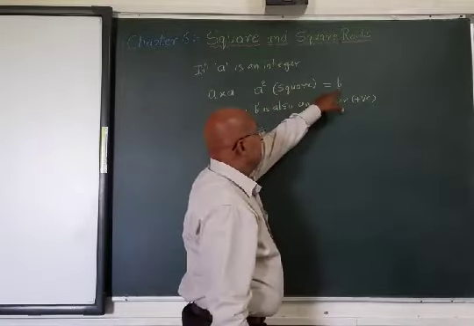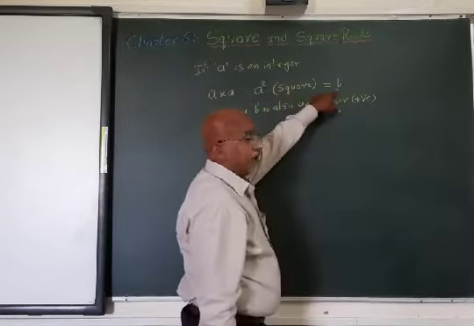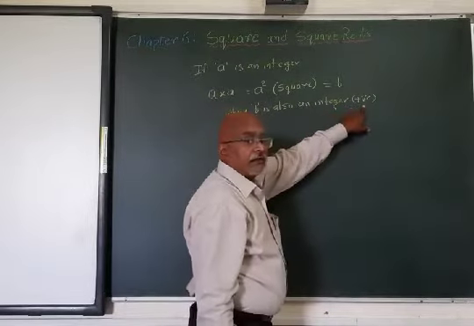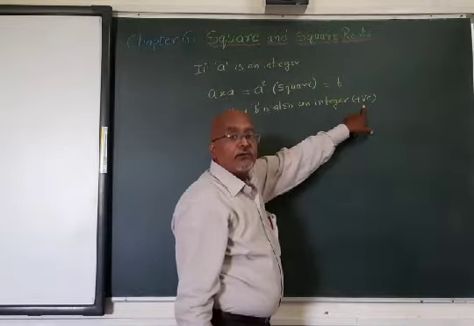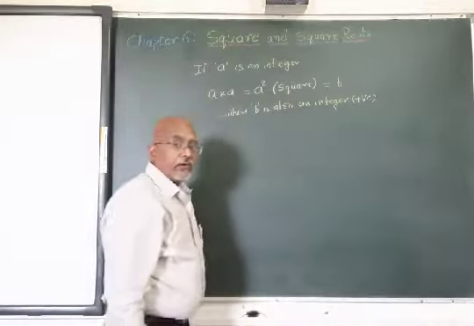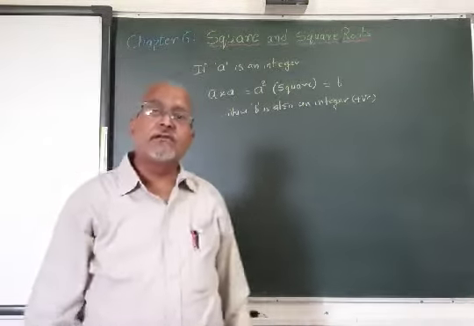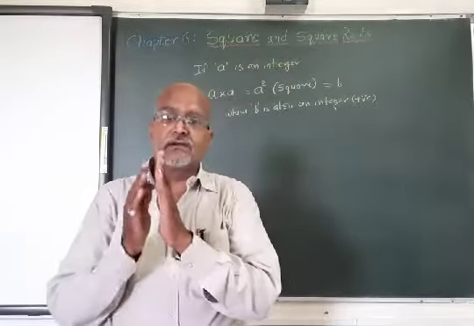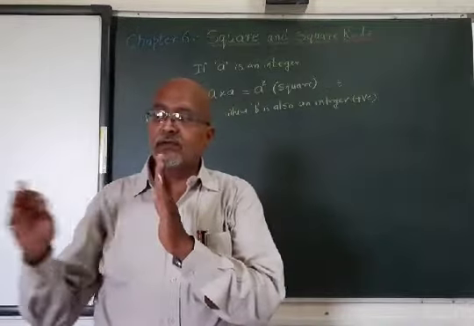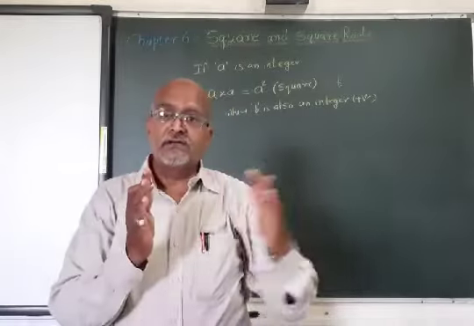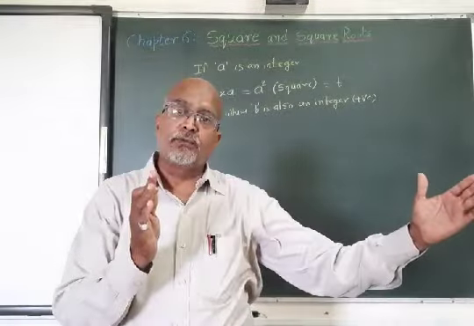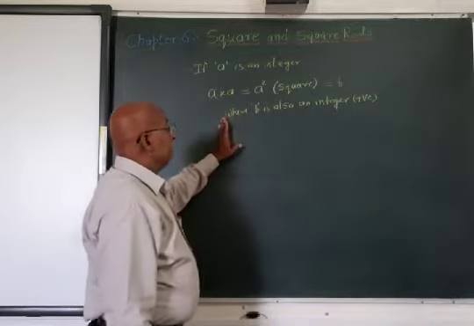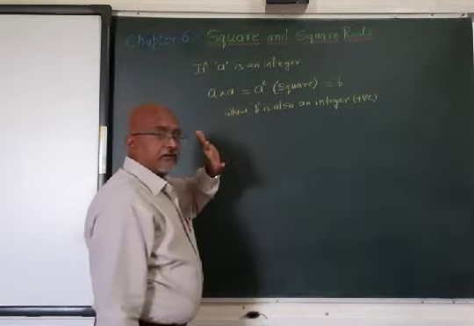So let that product be b, where b is also an integer, but it is only and only a positive integer. You have studied that in integers, 0 is the center, this side negative integers up to infinity, this side positive integers up to infinity, right? In the same way we can have this.